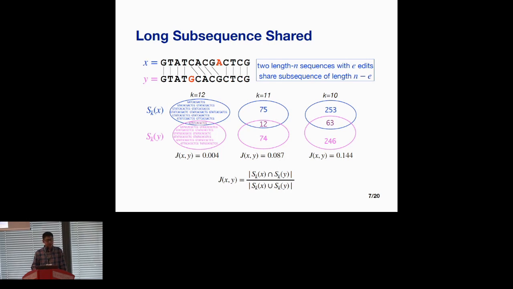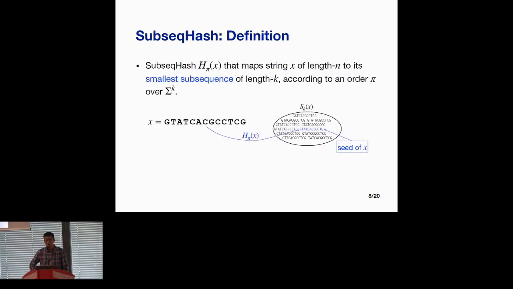Inspired by this observation that similar sequences share long subsequences, we propose our new seeding method called subseq hash. Subseq hash, pi of x, is a function that maps the length-n string x to its smallest subsequence of length k according to pi, which is an order over all the length-k strings.